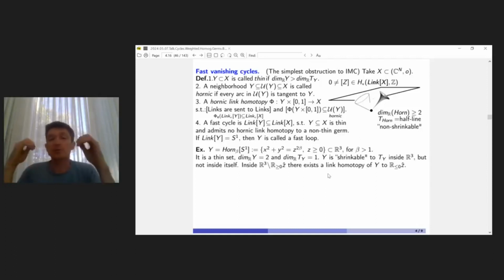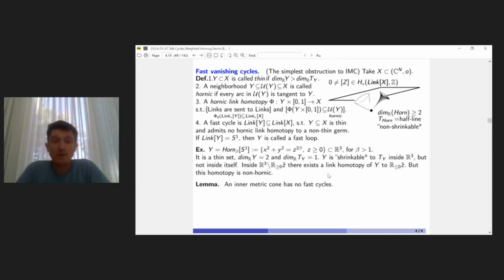Then y could still be shrinkable to a line, in a link way. But this homotopy is non-hornic. This homotopy will essentially change the tangent cone. So you see, here is an example. You could have a link completely contractible to a point, so naively it contains no homologies. But from the Lipschitz point of view, it contains homologies, as we see here.